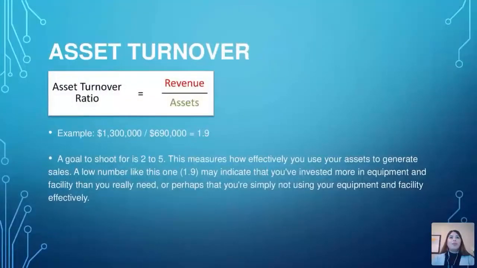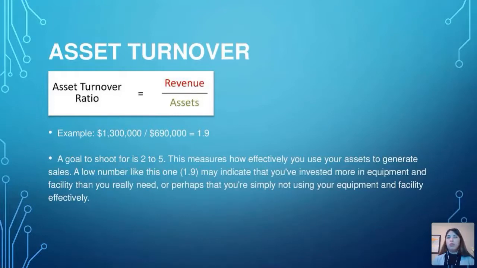Asset turnover. This is revenue divided by assets. In this example, we have 1.3 million in revenue divided by 690,000 in assets. That gives us a ratio of 1.9. A goal to shoot for is anywhere between 2 and 5 in this area. What does this measure? It measures how effectively you use your assets to generate sales, which is important.